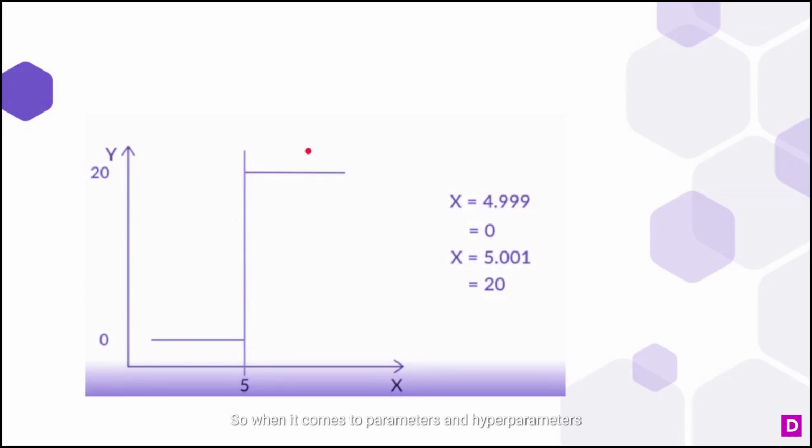So when it comes to parameters and hyperparameters of a neural network, we pretty much know about the parameters which we involve in a given neural network. That would be weights, biases, inputs, outputs, etc. But we have certain things called hyperparameters.